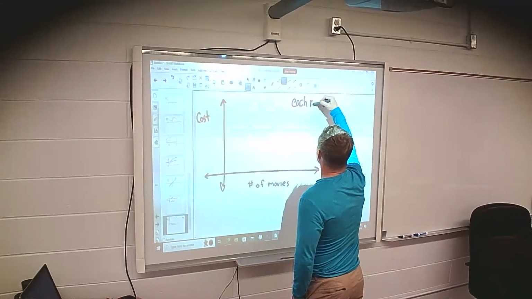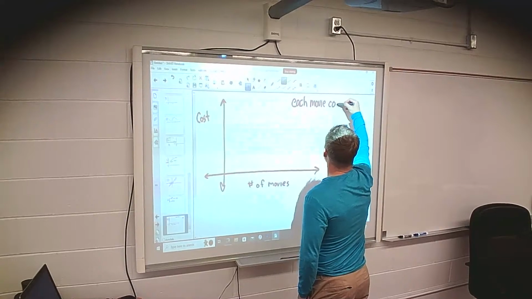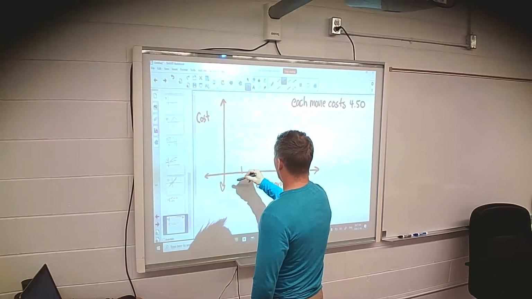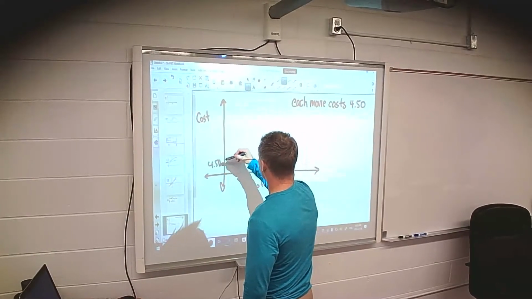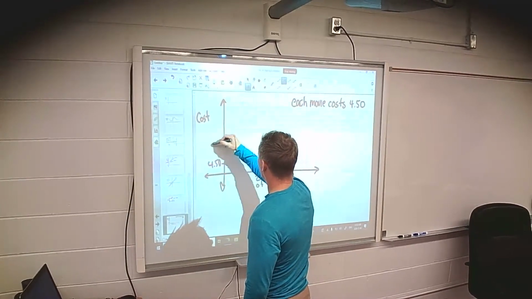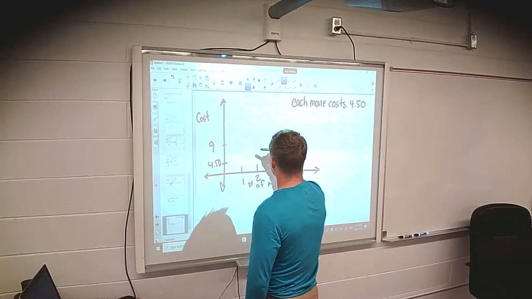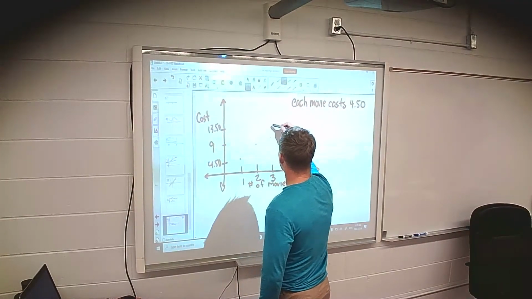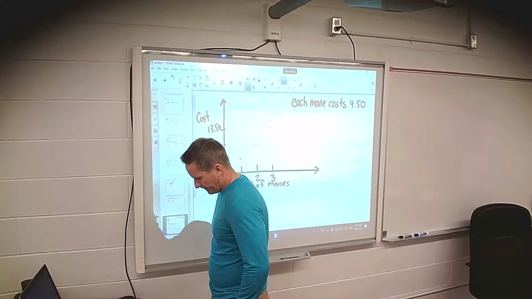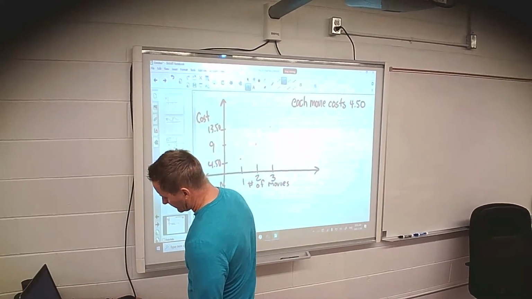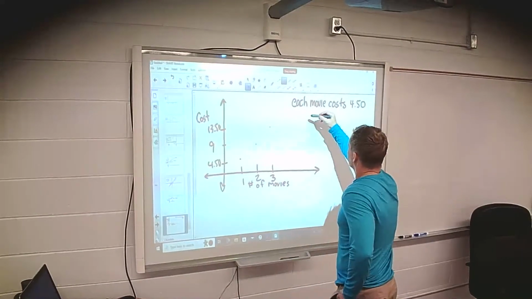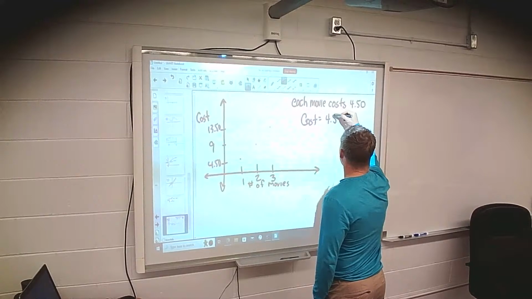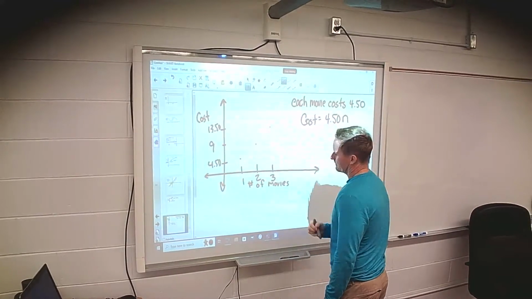Each movie costs $4.50. So one, $4.50. Rent 2 movies, $9. You rent 3 movies, $13.50. So you're going to have a linear relation that looks like this. Write an equation to represent the cost of renting 1 through 5 movies. Okay, so the cost is equal to $4.50 times the number of movies.